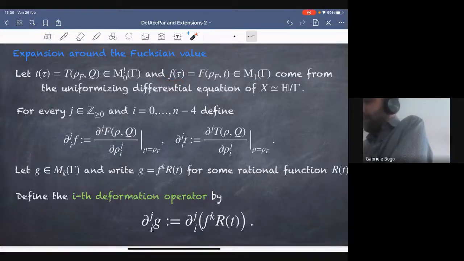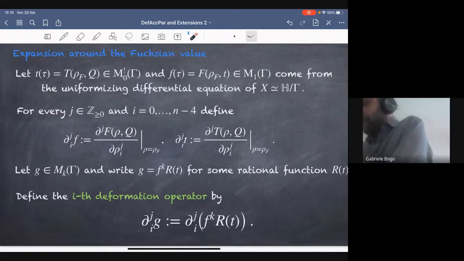And as I stated before, we are interested in computing the derivatives with respect to the accessory parameter of this function that we constructed before. Again, when we specialize this function here for rho equal rho f, we get a modular form of weight 1. Now we want to compute first the derivatives with respect to the accessory parameter and then specialize. And we want to see which kind of function we get here.